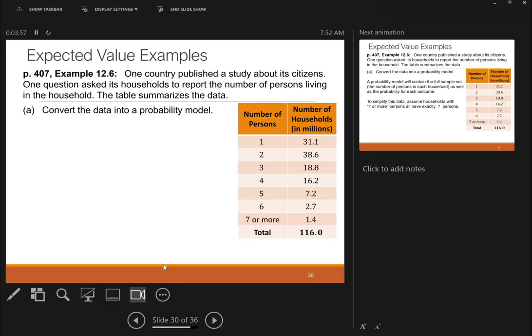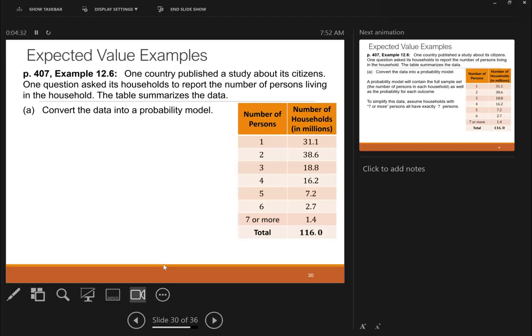So let's say we have some data and we want to convert that into a probability distribution. Our situation says one country published a study about its citizens. One question asked its households to report the number of persons living in the household. And below in the table is the summary of that data. So the first thing we have to take care of is this 7 or more category, right?